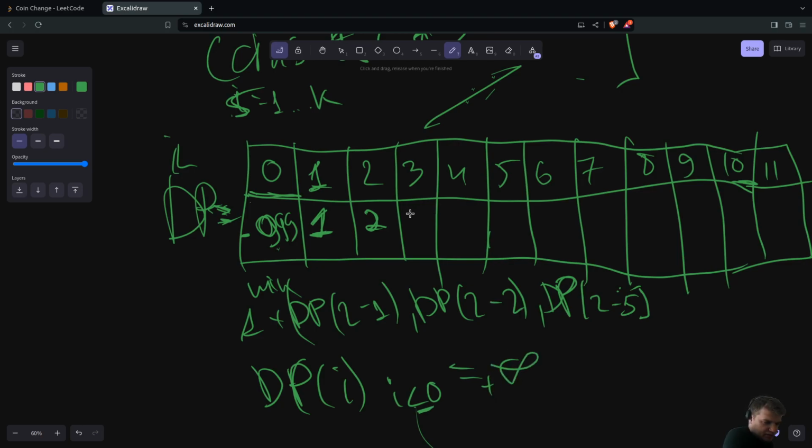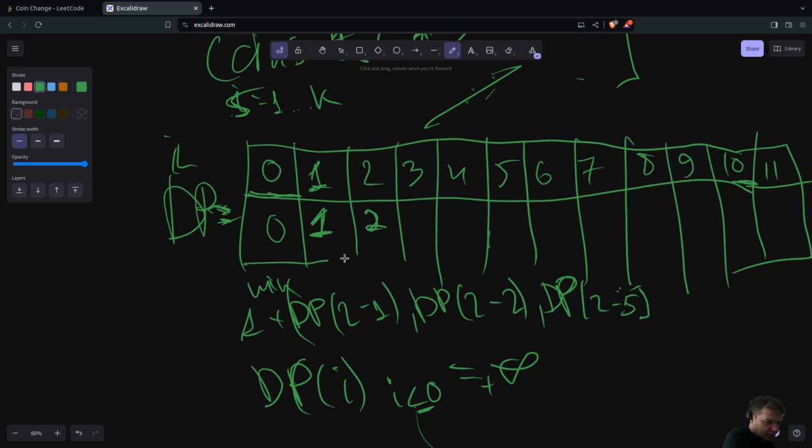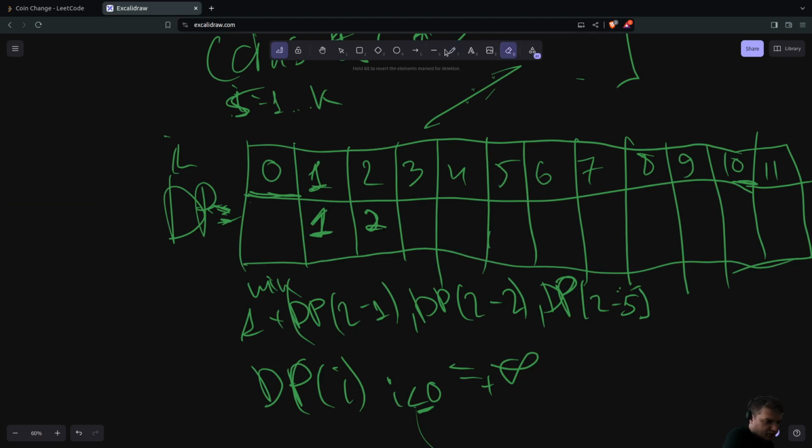In case it's plus infinity, it means it's not reachable. It's reachable for 0, with just 0, but it's a special case. Let's put it as infinity as of now. So this one is going to be the minimum dp.